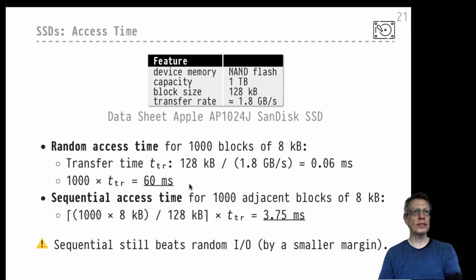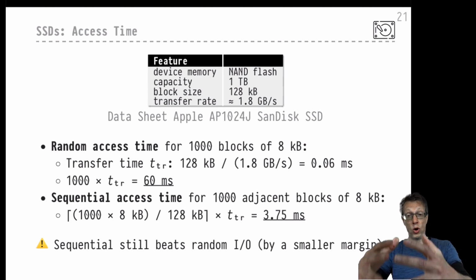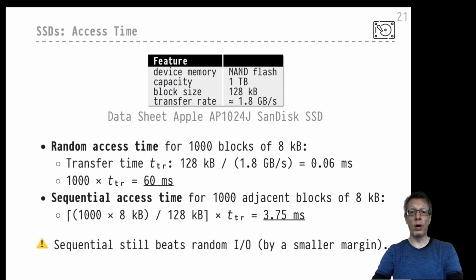Still, sequential access wins even for these SSDs. If we have to read 1000 adjacent blocks of 8 kilobyte information, and these blocks are really adjacent, so that in one of these 128 kilobyte blocks we really find more than 8 kilobytes worth of information, but the full 128 kilobytes are information that is valuable to us, and when we read it, we can make use of it, then the situation is even better.